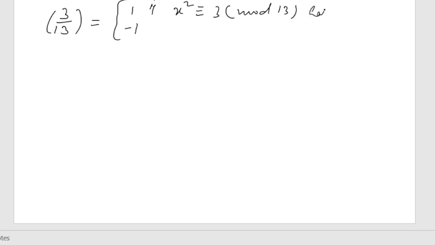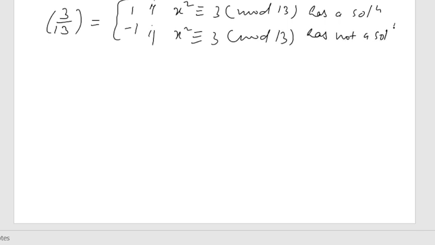And if x square is congruent to 3 mod 13 has no solution, that means if this case is not possible, then it is equal to -1.